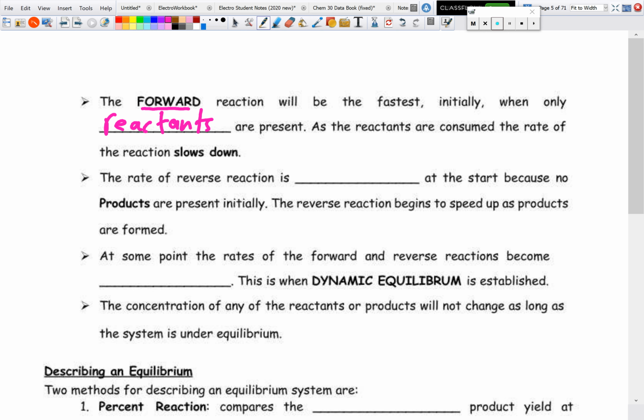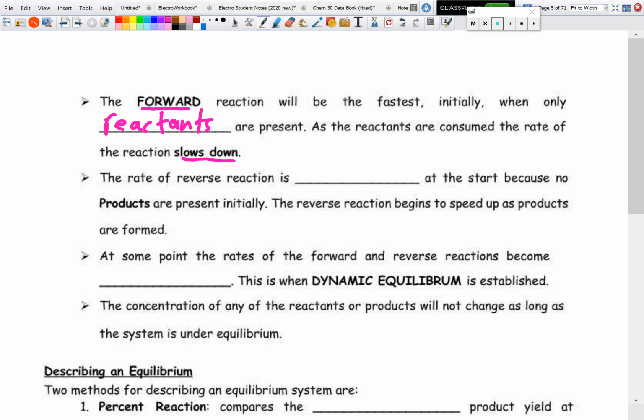are present. With collision theory, if you put in all reactants, they're just going to collide with each other and start reacting immediately. As reactants are consumed and there are fewer of them, the reaction starts to slow down because collisions don't happen at the same rate when there are fewer things to collide with.